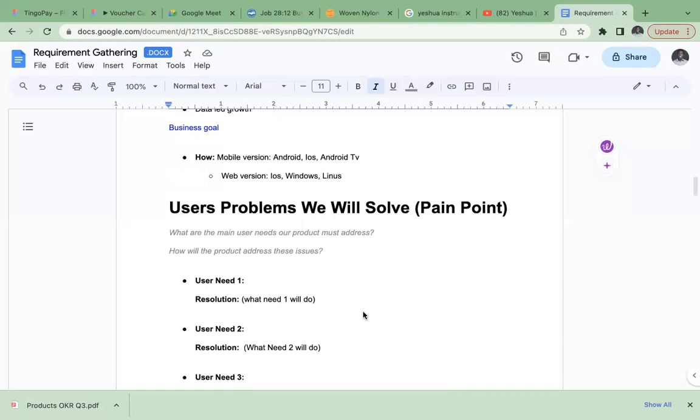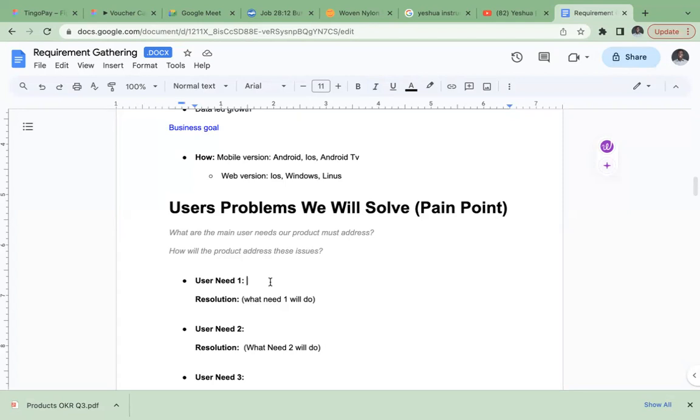I can hear you. Okay, so I said that the pain point is the problem that the users face and want to solve. They want it solved. So you need to research about the pain point. Maybe we need one during the lack of cash.